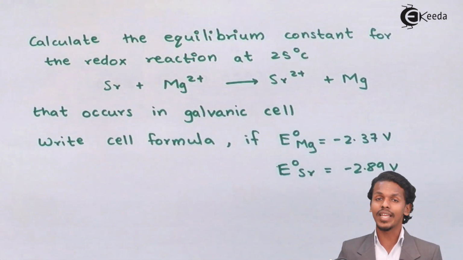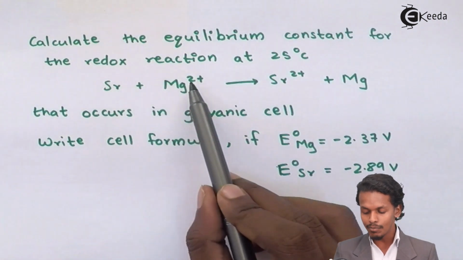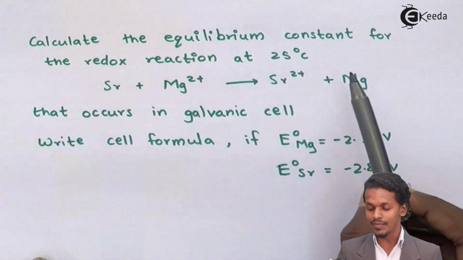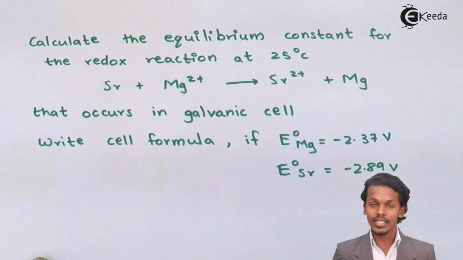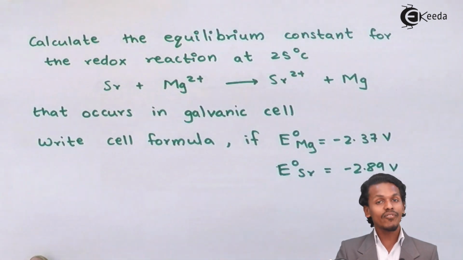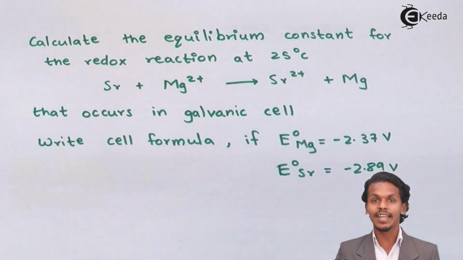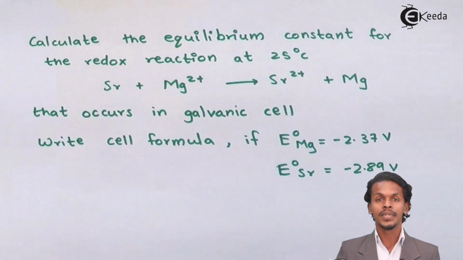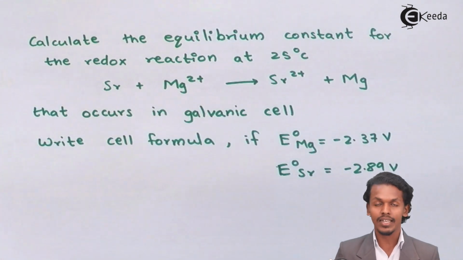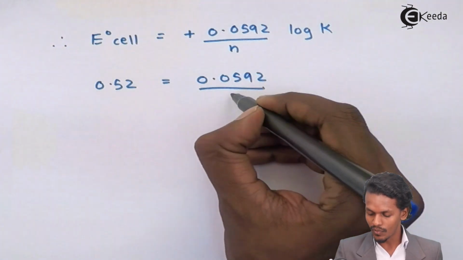Similarly, for the reaction at the cathode, Mg2 plus will accept 2 electrons to convert into solid Mg, which has an oxidation state of 0. So in the half reactions, the number of electrons consumed or liberated is 2. So therefore the n value will be 2.